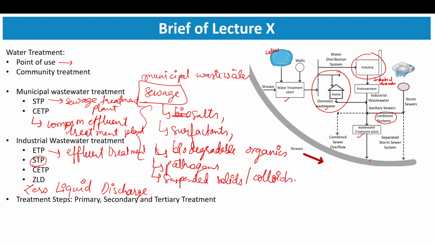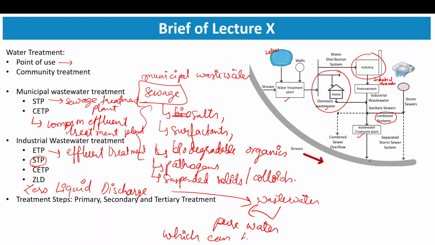So this concept is considered in almost all large scale industries, all the CETPs. Whatever wastewater is there, you convert that wastewater into pure water, which can be recycled and repurposed into the industry itself, or you can use it for sanitation and so on.